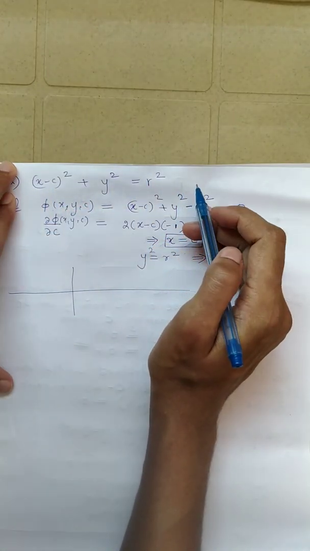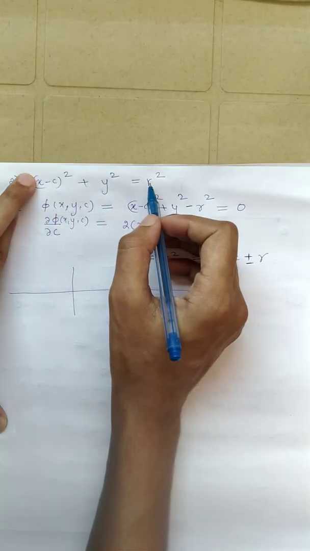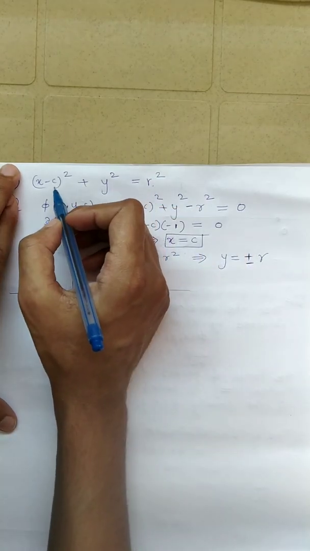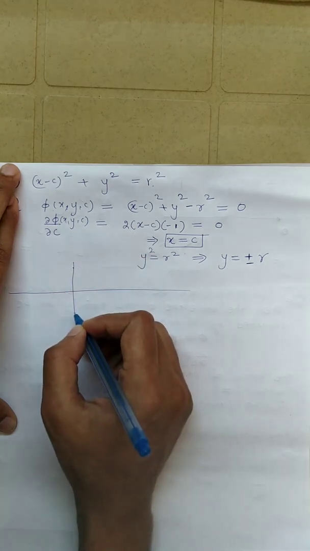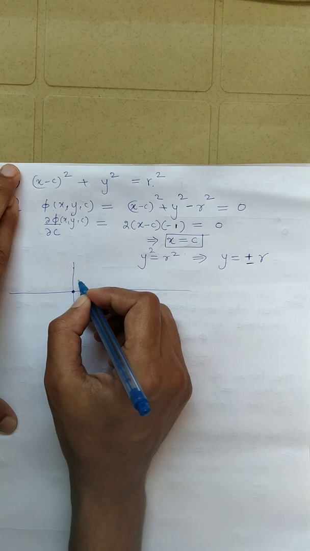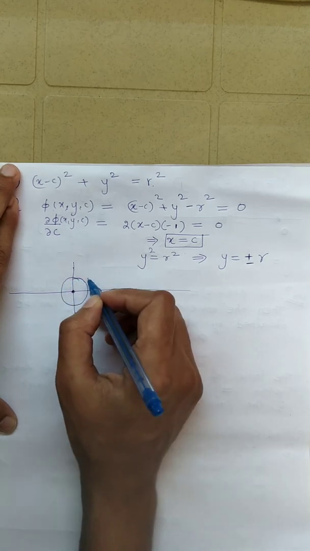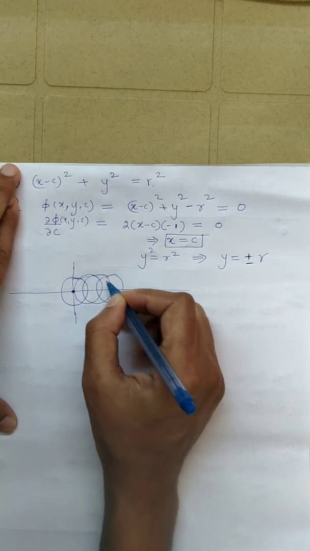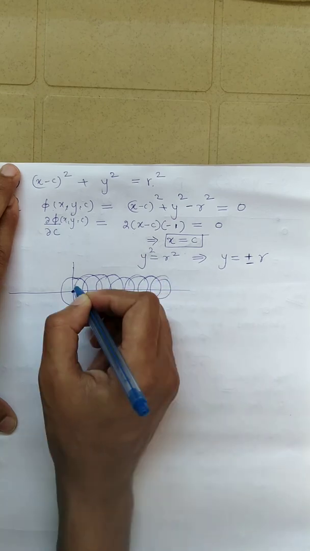It will be all the circles of radius r and with center as (c, 0). So for c equal to 0 we will get this circle, then like this we will keep getting all the circles.